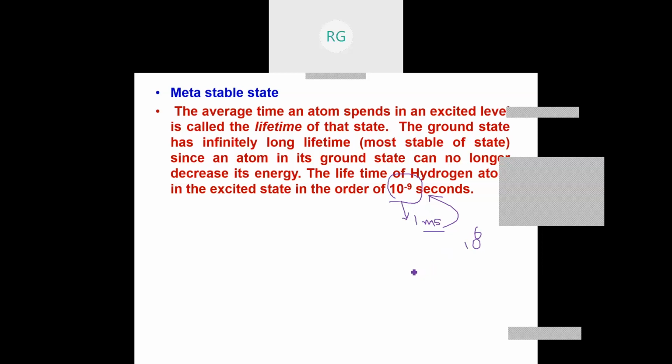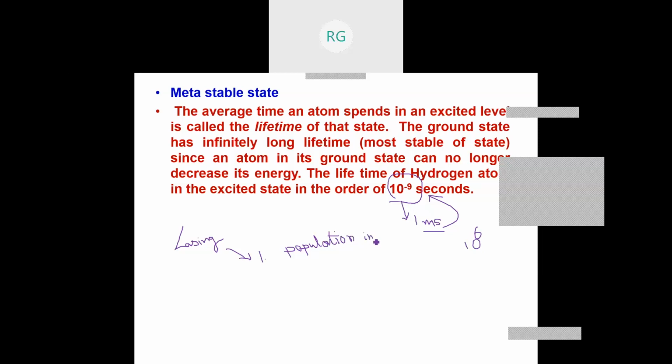So, the minimum requirements for lasing action, if you want to get laser light from an atomic or molecular system: first, we should have a population inversion. Population inversion is nothing but having more atoms in the excited state than the ground state.